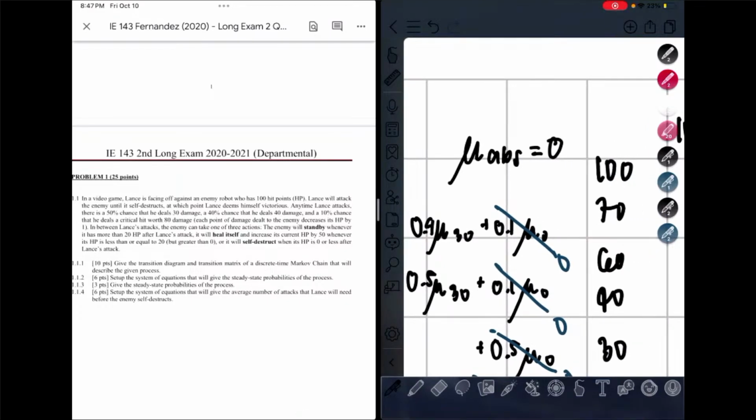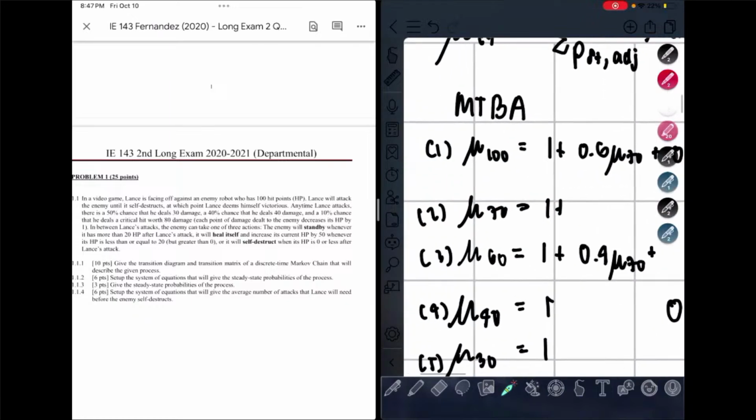We cancel this term out as 0 for the same reason as we did this. The mean time before absorption from the absorbing state is just 0 because you're already there.